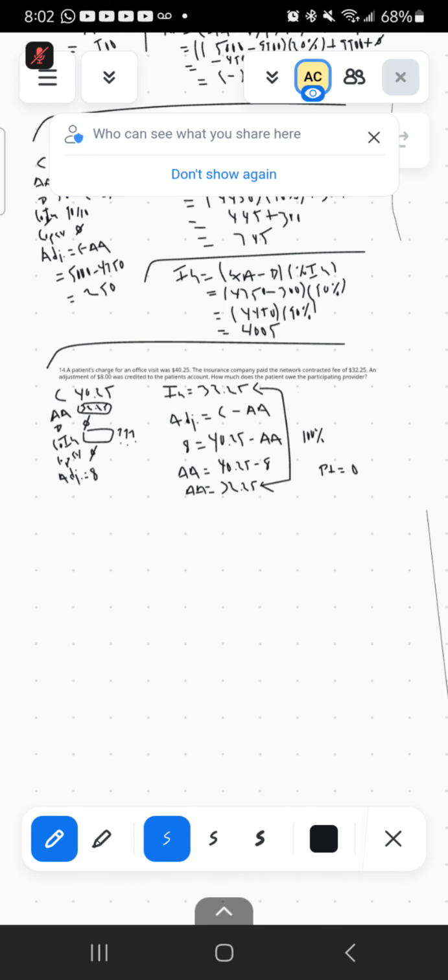I'm gonna erase this here in the corner. I'm going to go to number 15. In order to go to 15, I have to copy something here real quick. Okay.